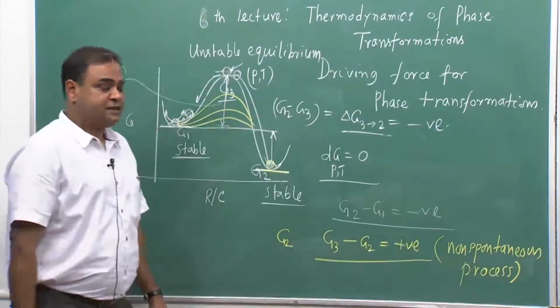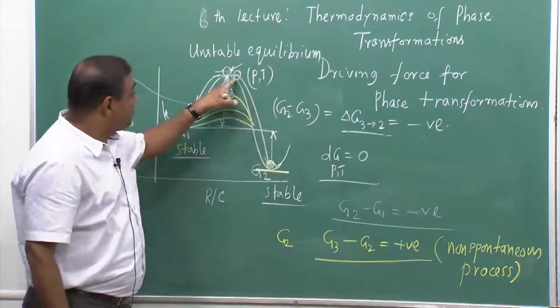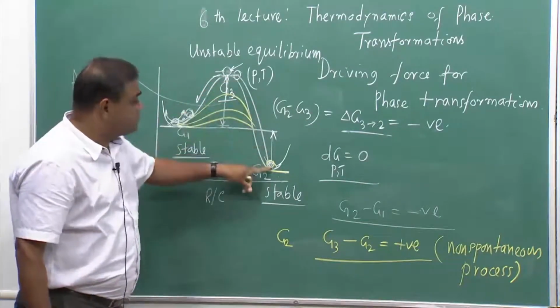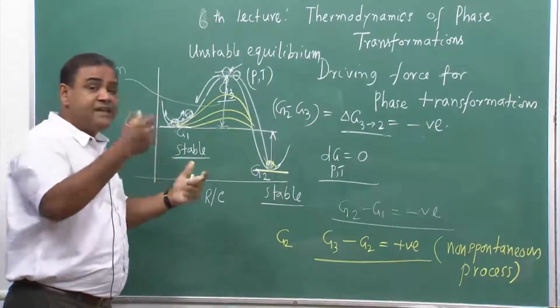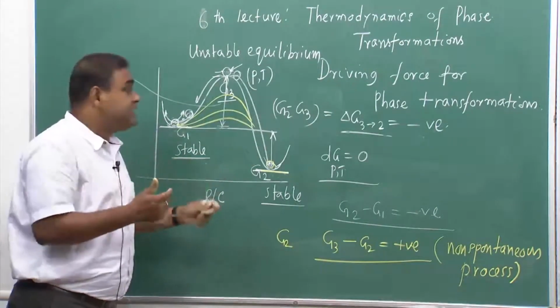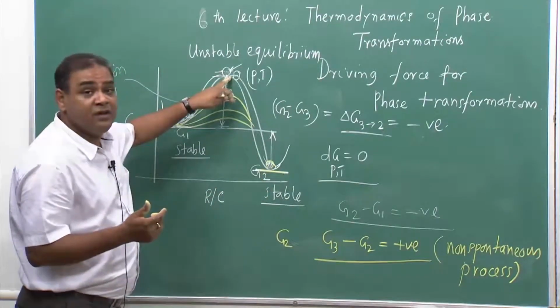Non-spontaneous process. So, from this information it is very clear that the ball can move from here to there spontaneously without giving any sort of excitement, but this ball cannot go to this point on its own.